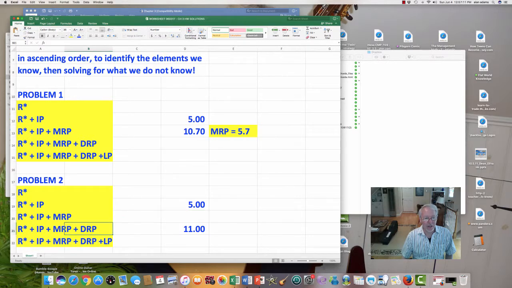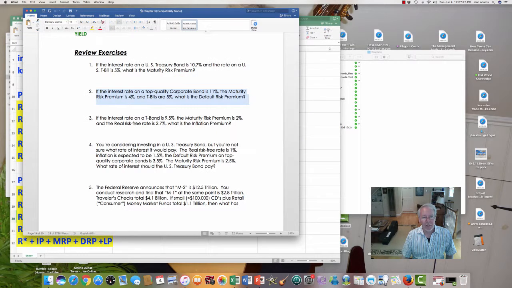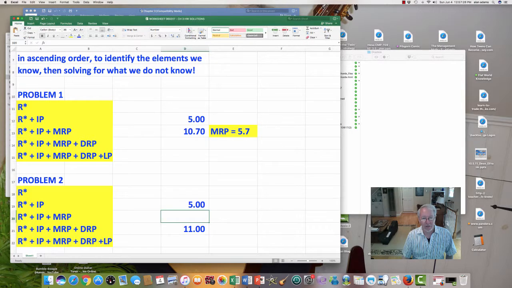That's going to be this element. And we know what the MRP is. So we're first going to find out what the rate on a T bond is. We do that by taking a T-bill plus the maturity risk premium, which is 4%. So if I take 5% and add 4%, I get 9, and therefore the default risk premium has got to be equal to 11 minus 9, or 2%.